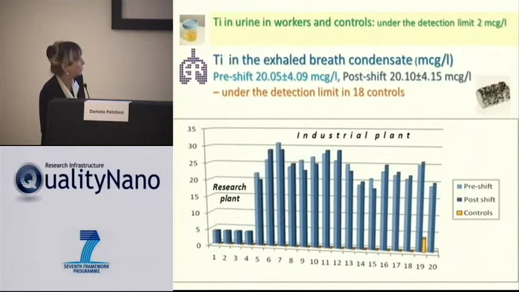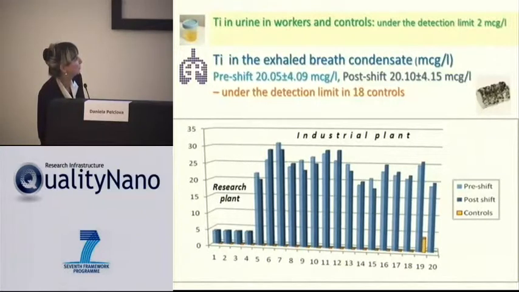Here are the results of titanium in the urine. They are not shown on the graph because they were not elevated in either the workers or the controls, but only titanium in the exhaled condensate was measured.